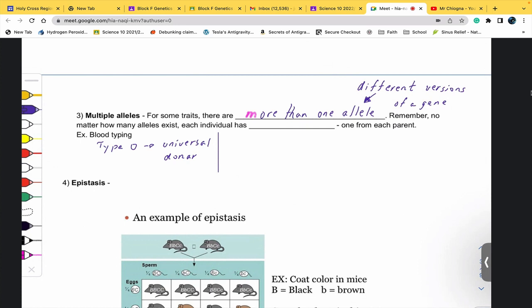We have A, B, and then AB, and then O, the rarest.